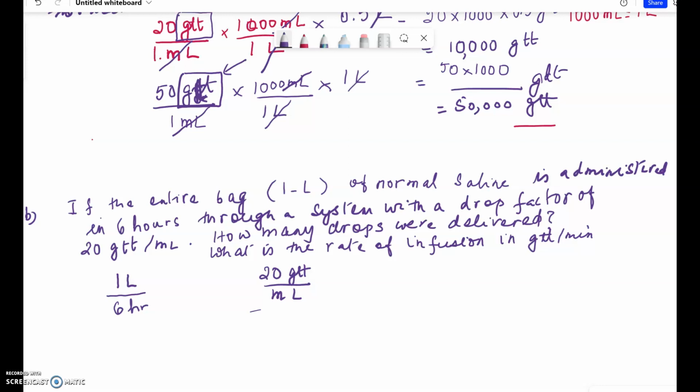How many drops were delivered? So that's the first question. So our final answer is drops. What's the total number of drops that were delivered?